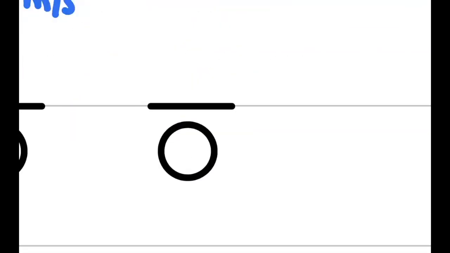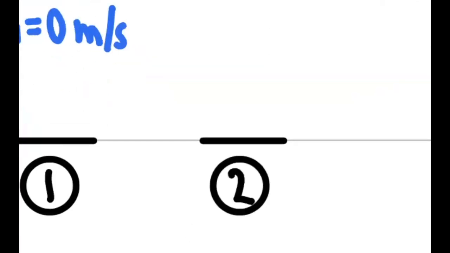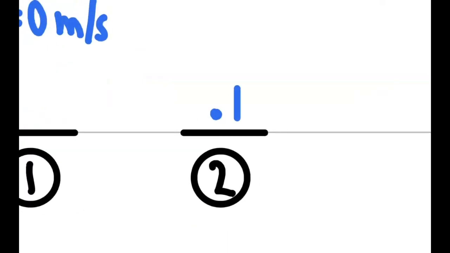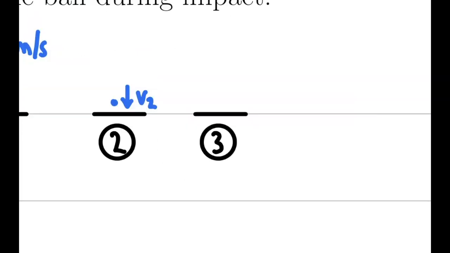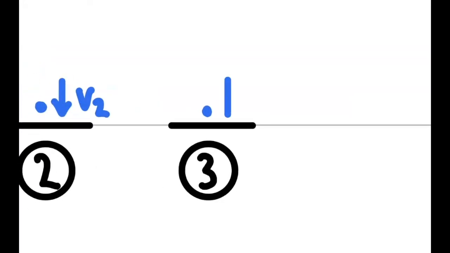Then the next thing I'm going to call 2: the ball drops, and just before it hits the floor, the velocity is v2, which we don't know. And 3 is after the ball hits the floor and just starts to go upward. That velocity, which I don't know yet, is v3.